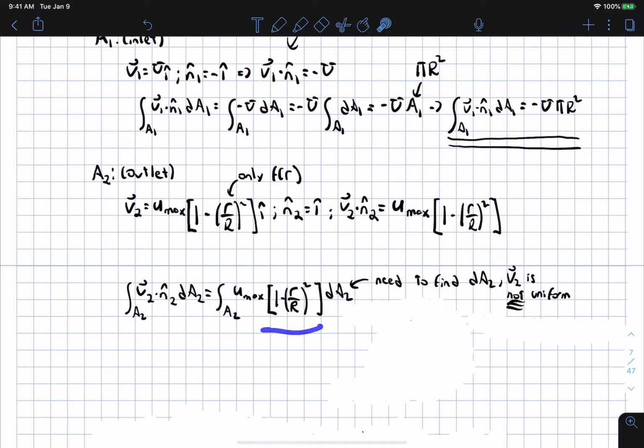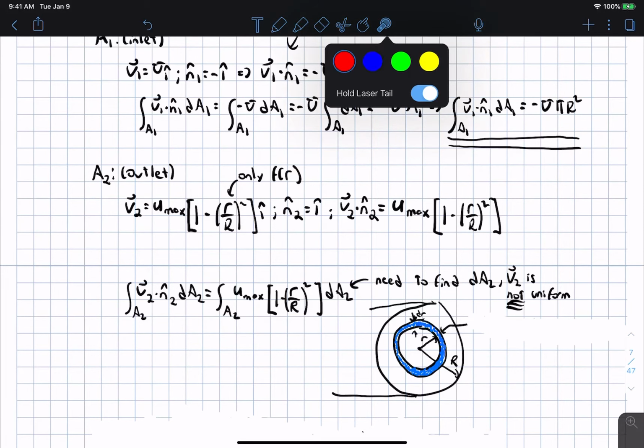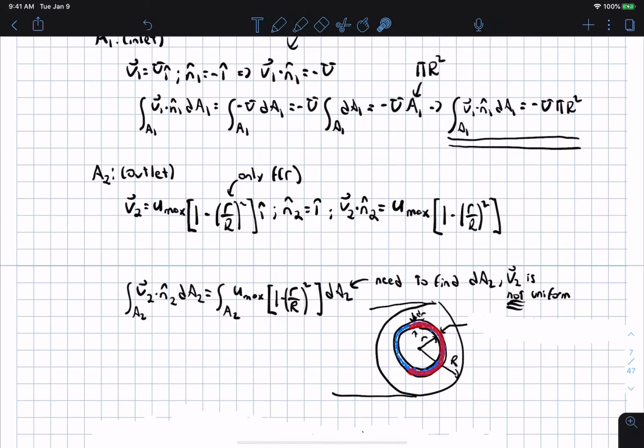But notice this is only a function of r. And if we look at a 3D-ish view of our exit surface, we notice that in this ring here, I've got to choose a different color, in this ring here, the velocity is constant, because it is only a function of r.